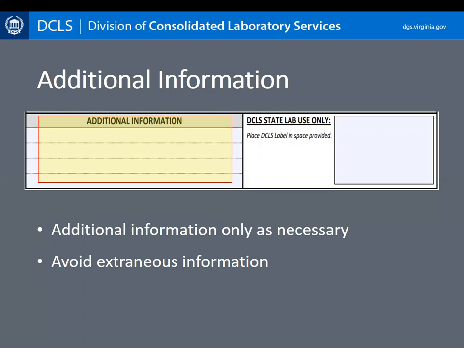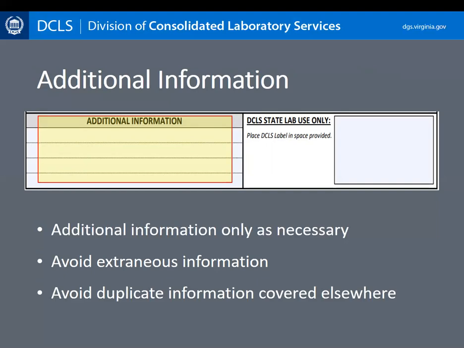This information can add confusion when it is included unnecessarily on a form. Avoid duplicate information that is covered elsewhere, such as symptoms or the location of a testing event. Ensure that information is captured appropriately in the applicable space on the form. A risk of conflicting information arises if the same data is captured in more than one location.